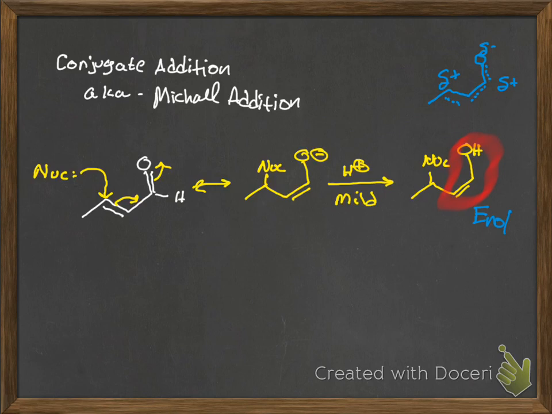So you will get a tautomerization back to this. This is how a conjugate addition works. Is you add a nucleophile to the beta carbon with respect to that carbonyl.